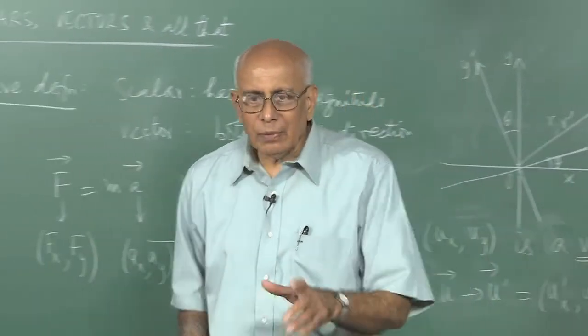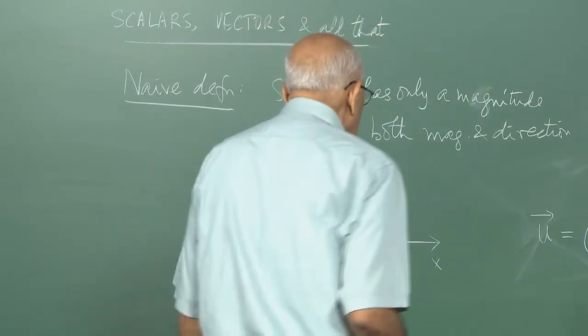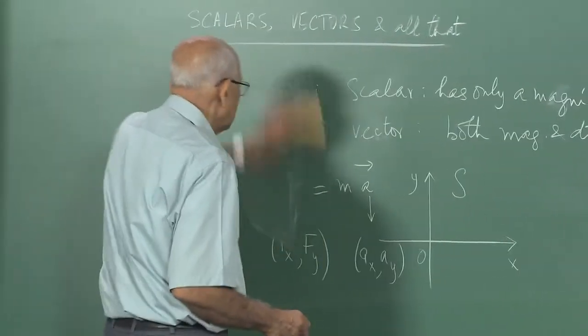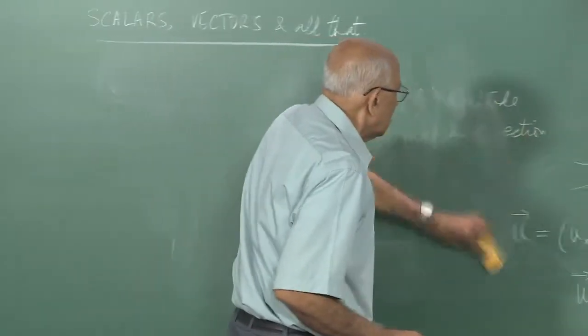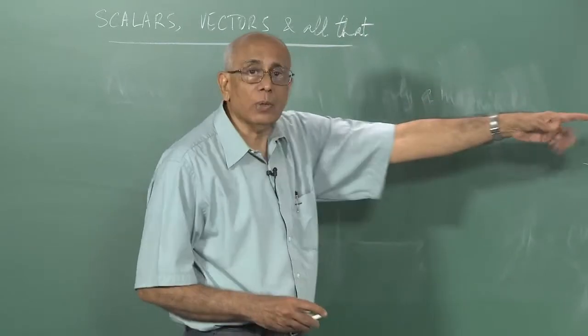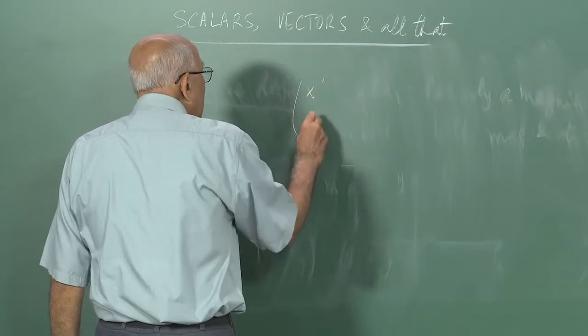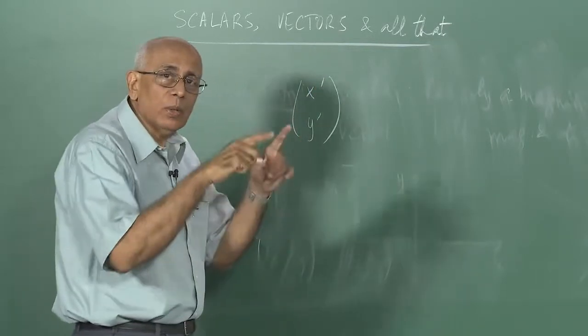Now we need a little bit of notation so that we can generalize this a little more, and that is as follows. It is very convenient to notice that I could write those two equations down, x prime and y prime, in the following convenient way. I put these two as a column vector, one below the other.